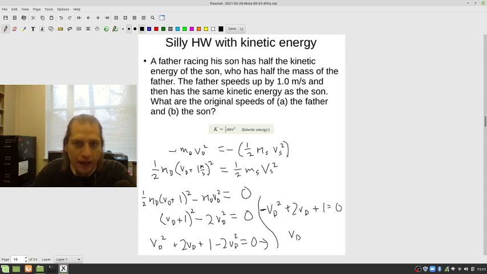Once you know v dad, you can stick it back in, and it should be possible then to find your v son. So I'll leave that with you. That is not much of a physics problem. It's more just a little bit of a math problem.